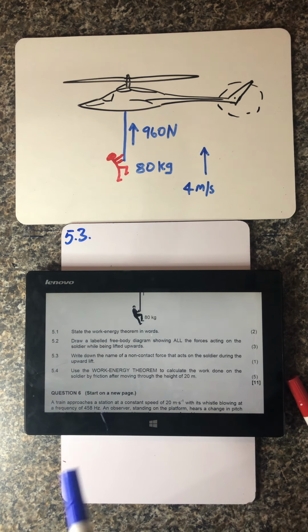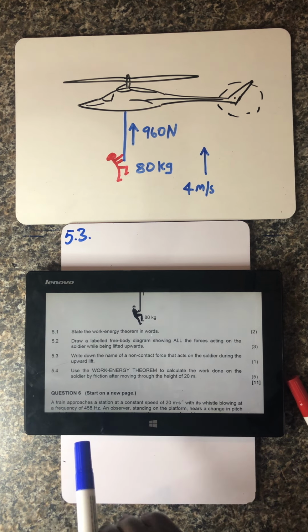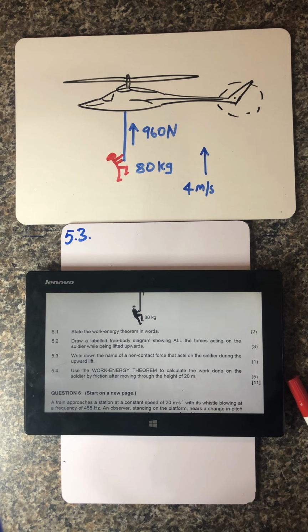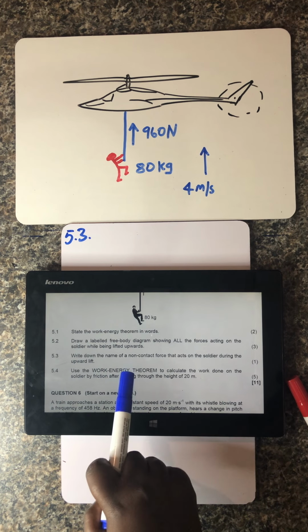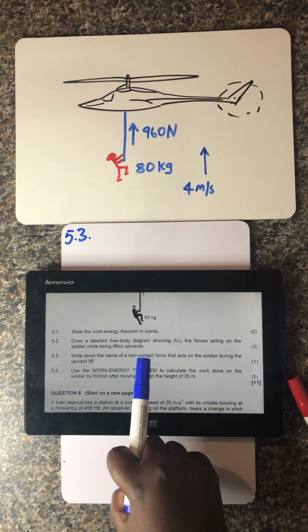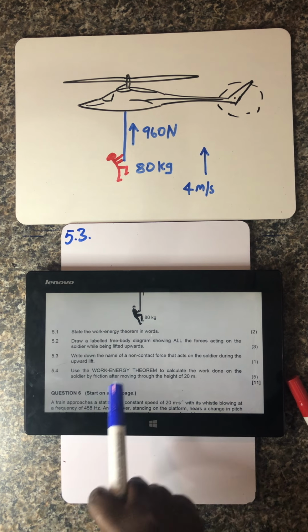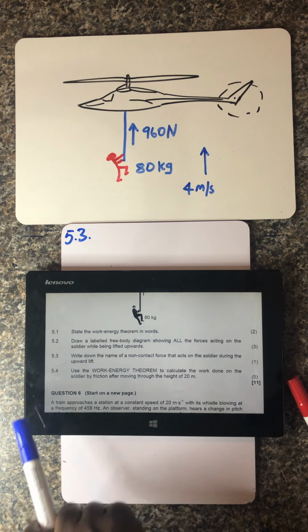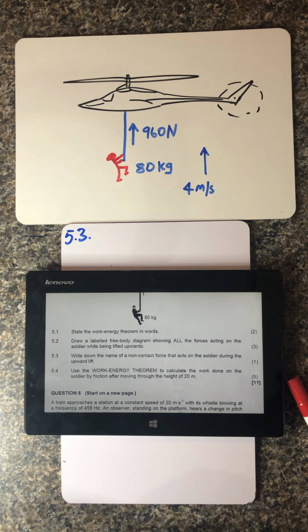It's because all of those are not forces. They have specified the type of force that we must write down, and they say it's a non-contact force, which means if we've got a non-contact force, then there's also a contact force. Very, very much important, ladies and gentlemen.